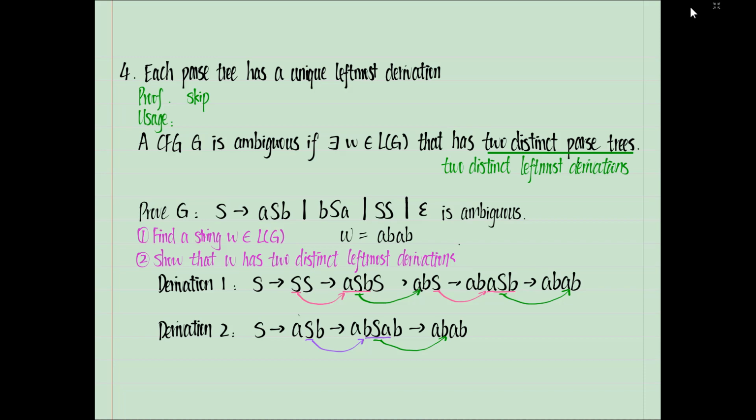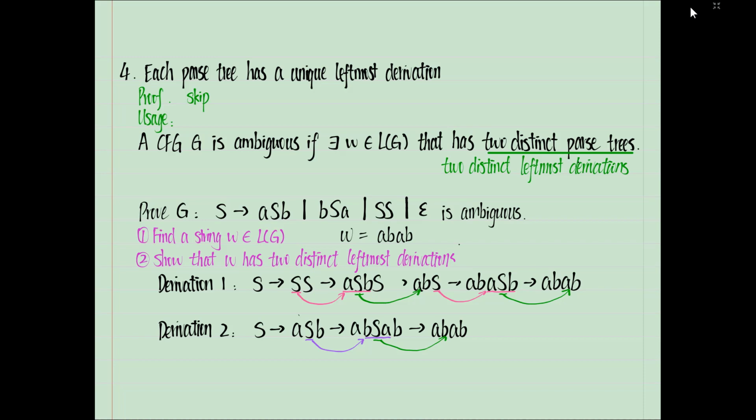By definition, a context-free grammar G is ambiguous if there exists a string generated by this grammar that has two distinct parse trees. But since constructing parse trees is cumbersome and not natural to human brains, we would like to replace this requirement with leftmost derivations, which is more natural for us to write and to think.